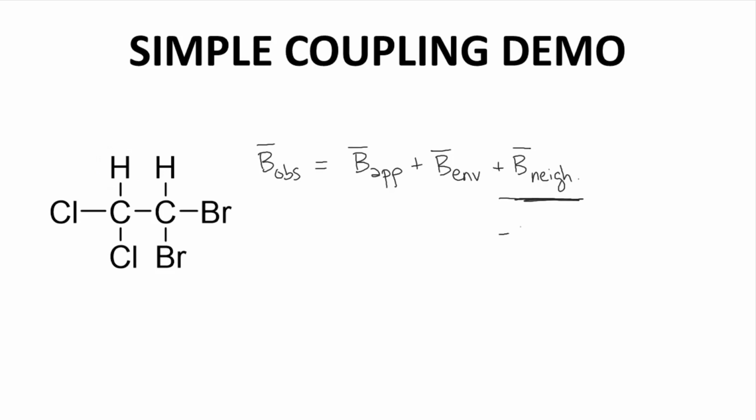That's minus B neighbor. So our hydrogen, the right hydrogen, has another possible B observed value from the same equation with a minus B neighbor.